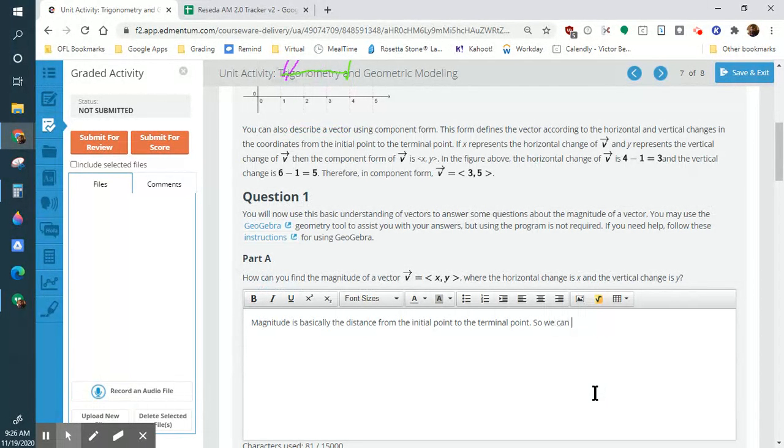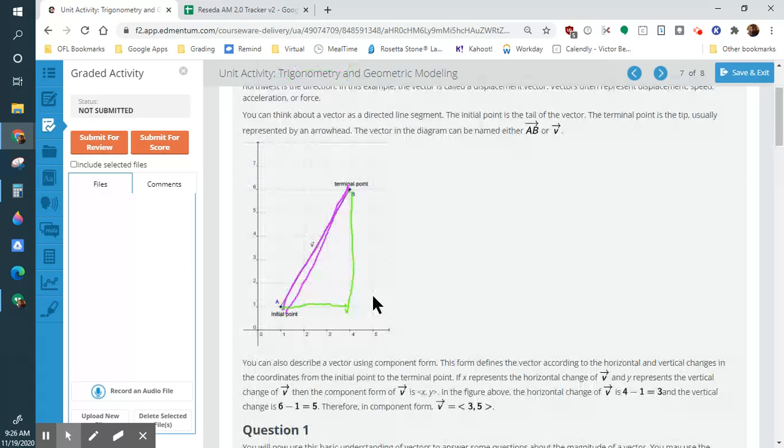So we can use the distance formula, which is basically the Pythagorean theorem. If you guys are ever stuck, like, what the heck is the distance formula, just think of it as c squared equals a squared plus b squared.